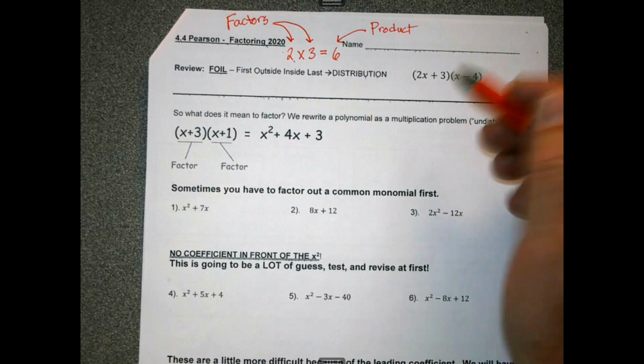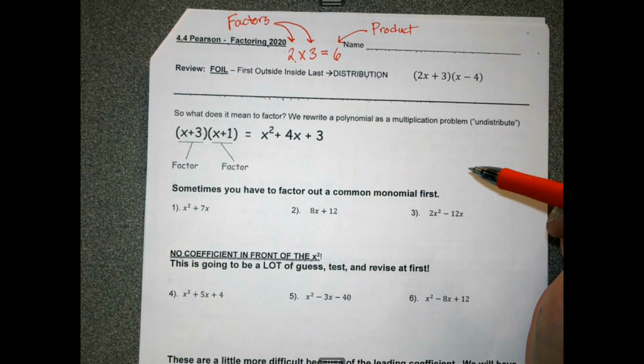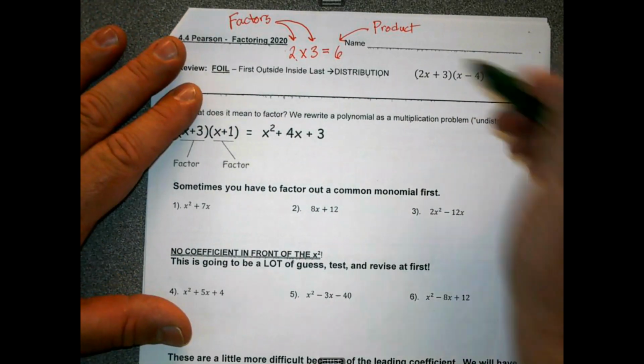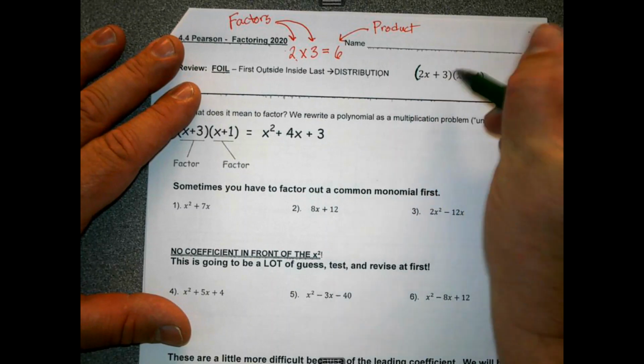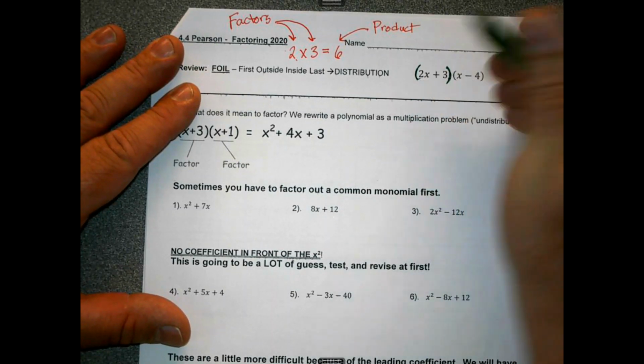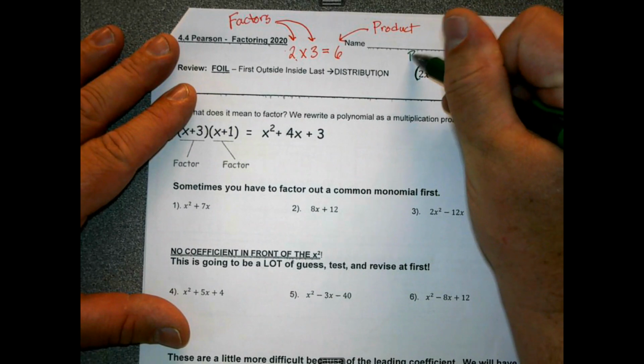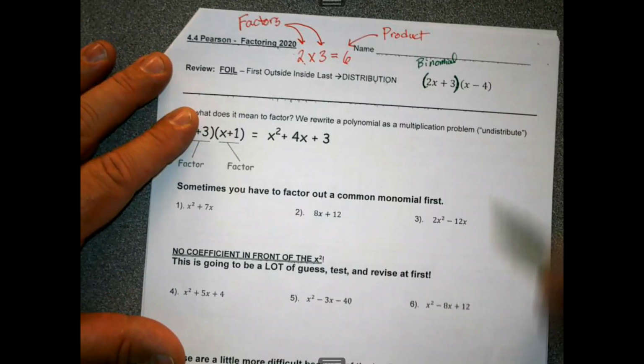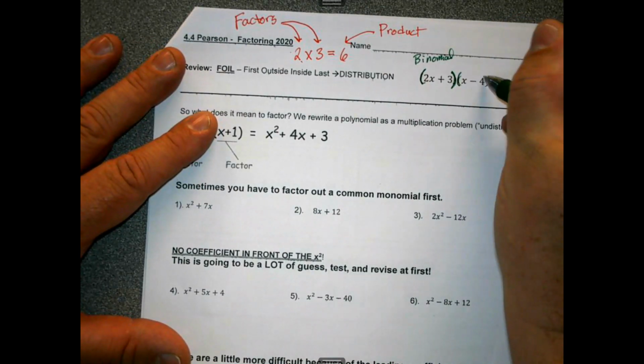Okay. Well, that's exactly what we do when we use FOIL. Are you guys familiar with FOIL? Some are, some aren't. When I have a binomial times a binomial, which means I have a quantity with two terms, it's called a binomial.